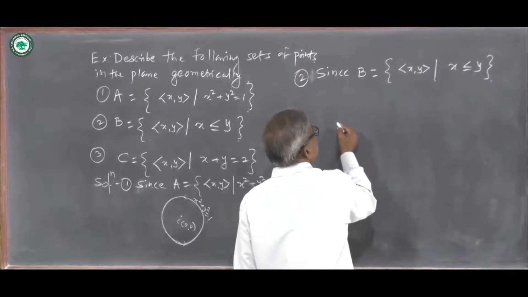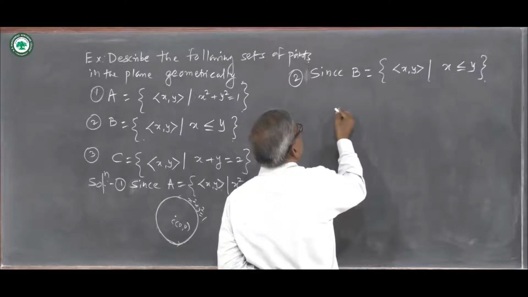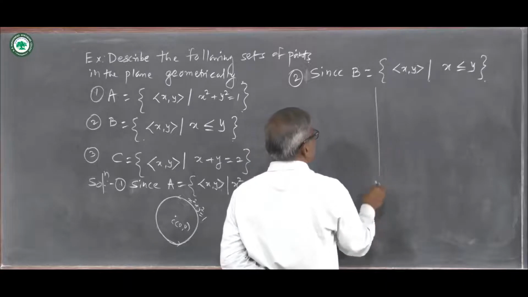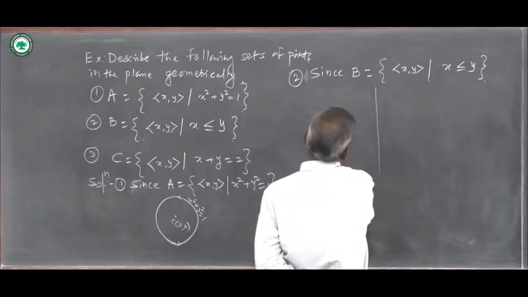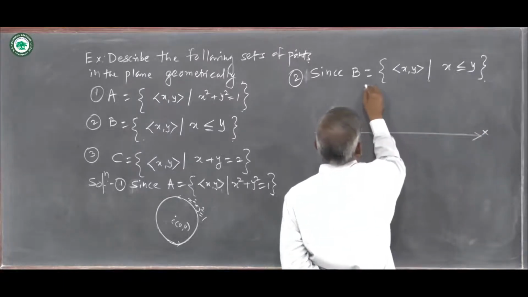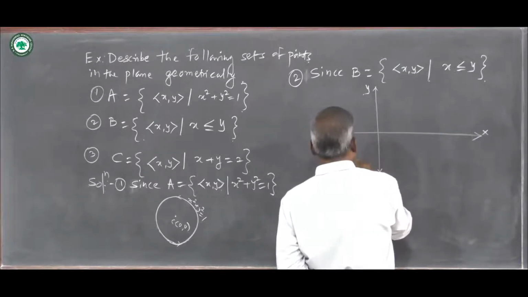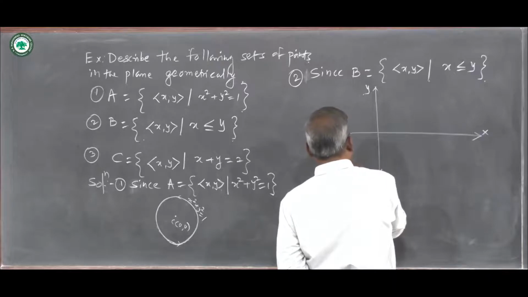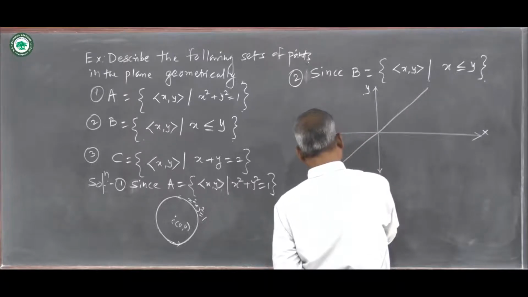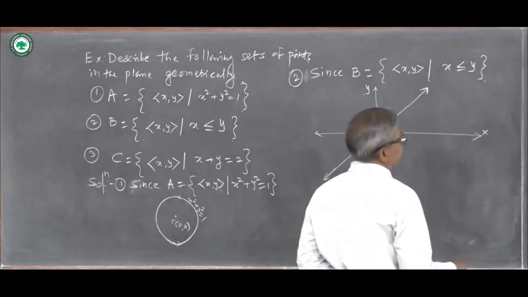This is the x-axis, this is the y-axis, origin O, and this is the line y is equal to x, or x is equal to y.